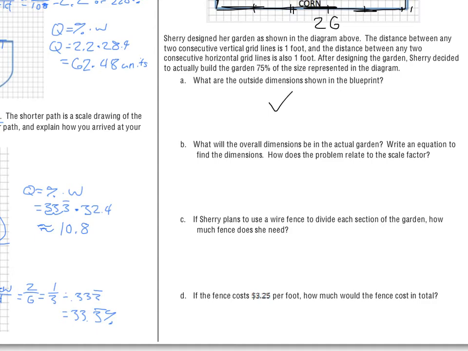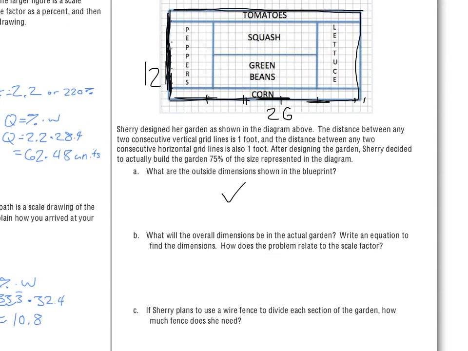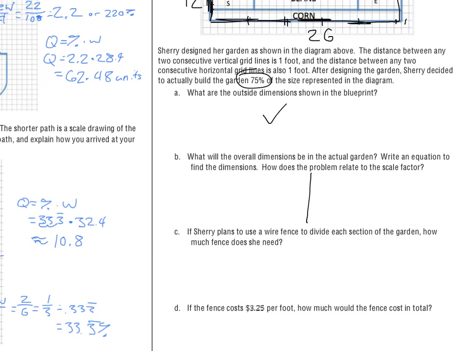So that means we need to use our scale factor to go ahead and determine what those new dimensions would be. So I'm going to do one for the 12 and one for the 26. So go ahead and pause the video. Find the new quantities for 12 and 26 after a 75% scale.